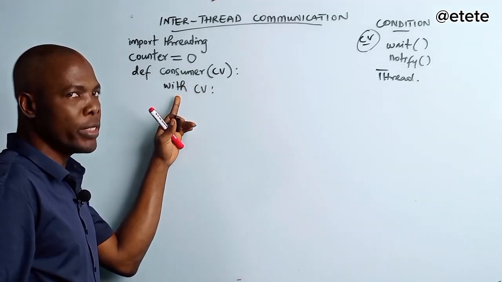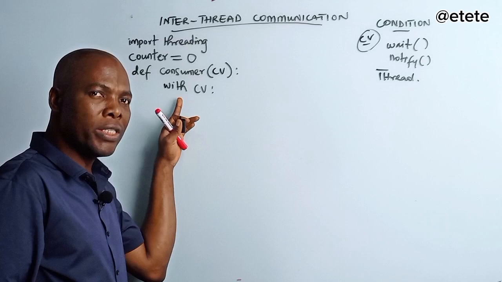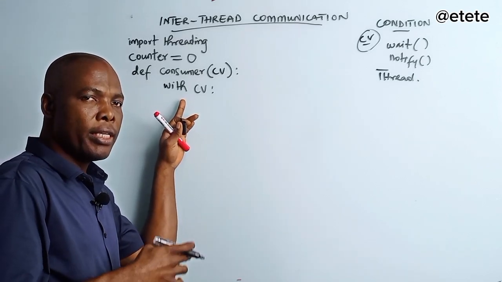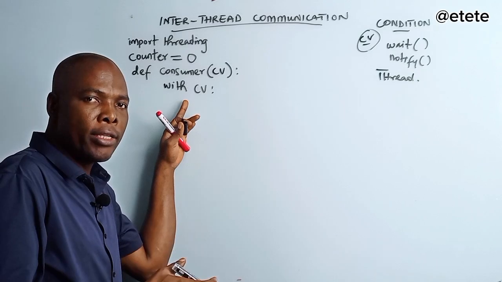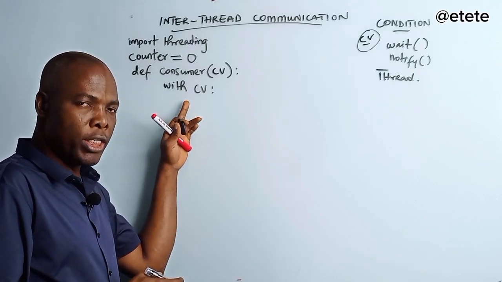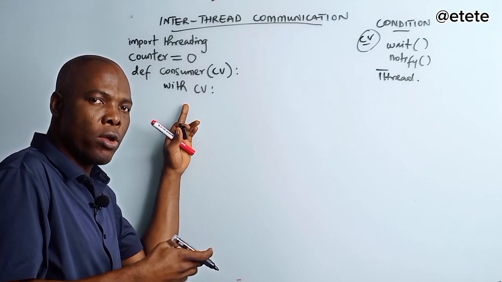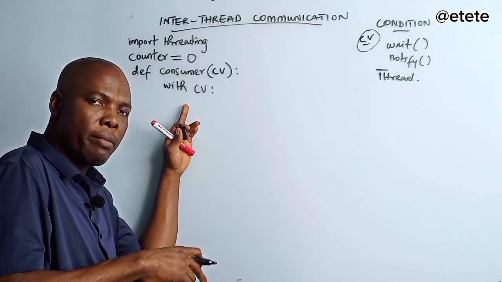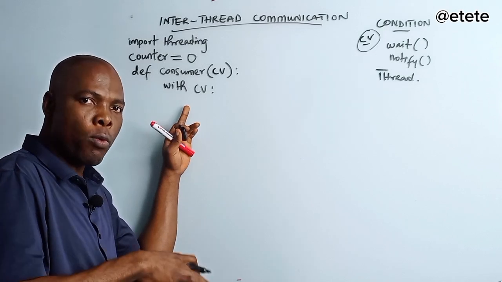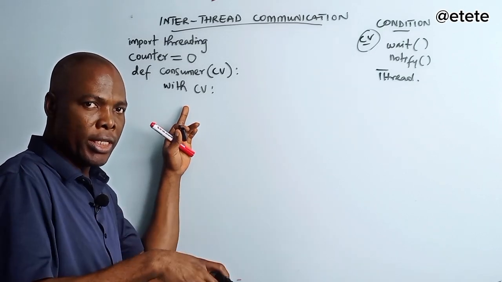Now, why am I using with? This is a context manager. What this is simply saying is that you automatically acquire the lock and automatically release the lock. If I don't use this one, it means I will have to create my lock and manually acquire the lock by saying lock.acquire. Then after my work, I will say lock.release.